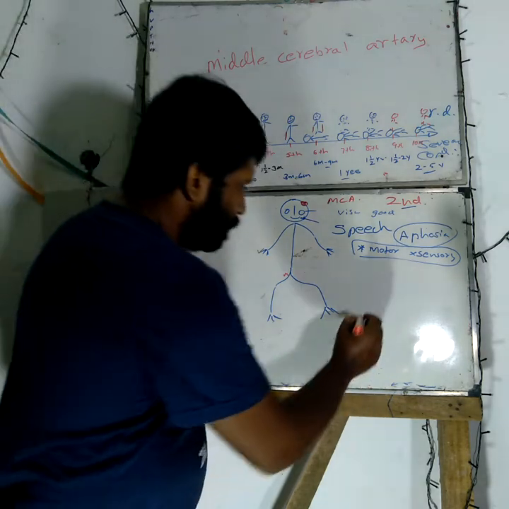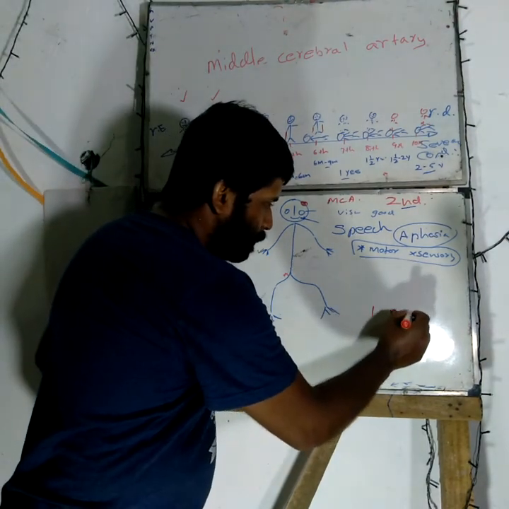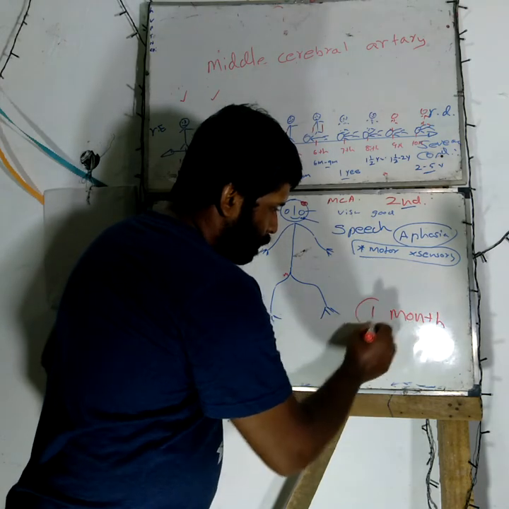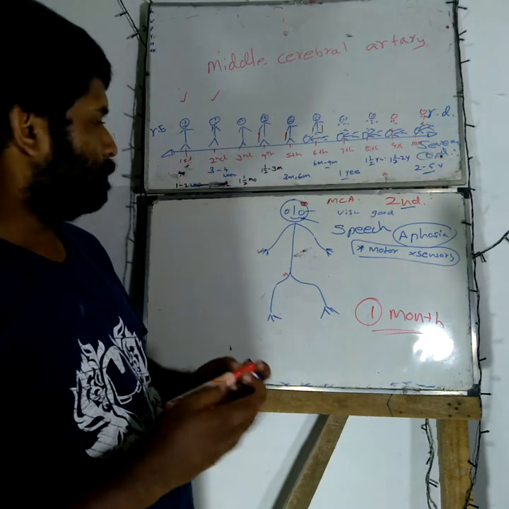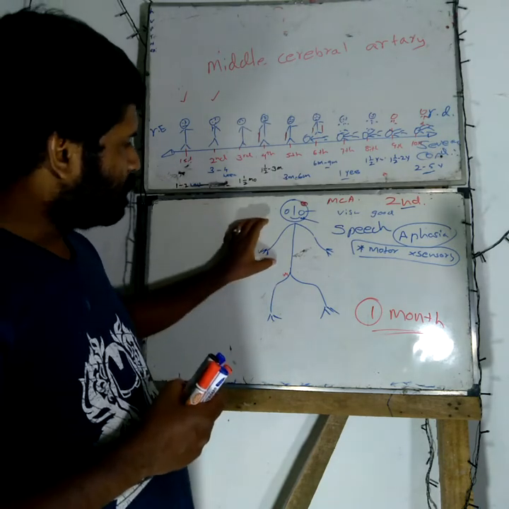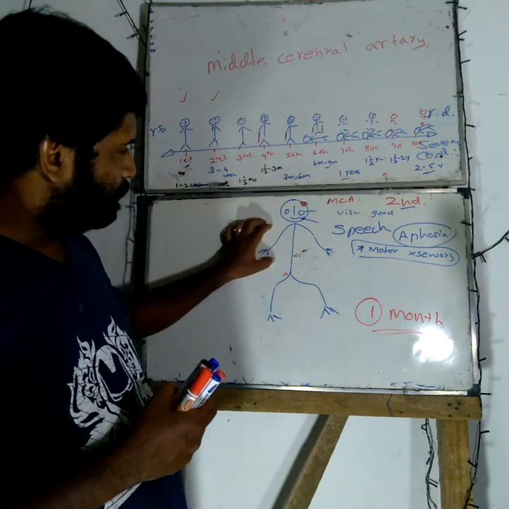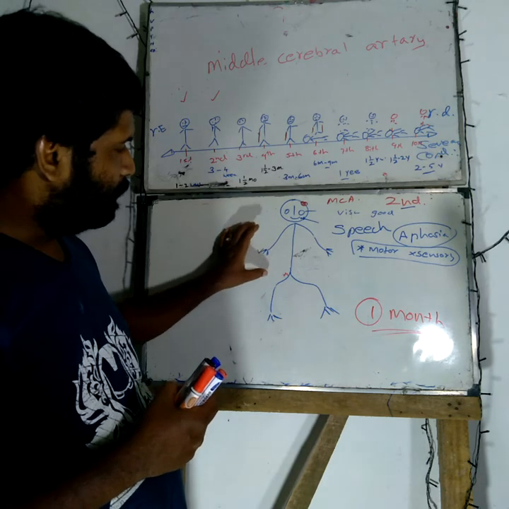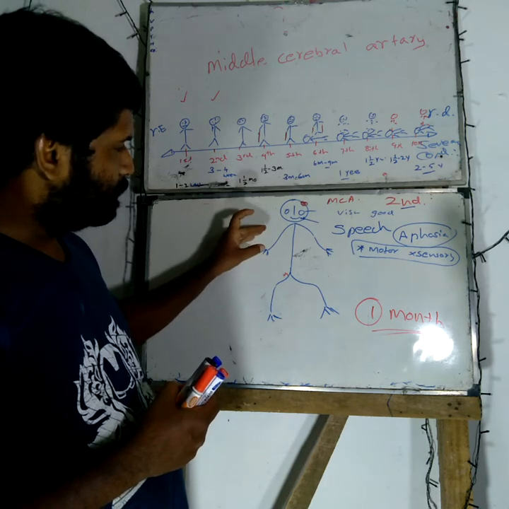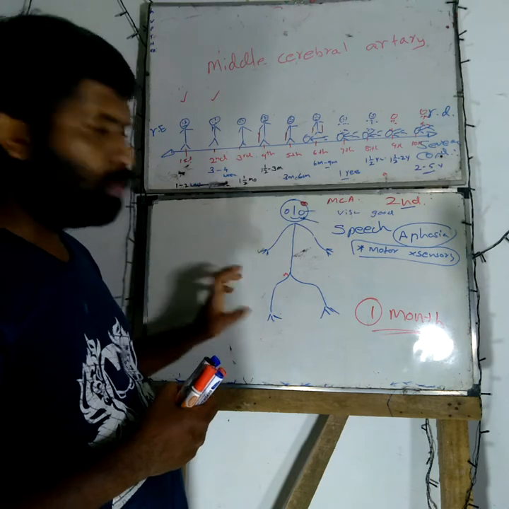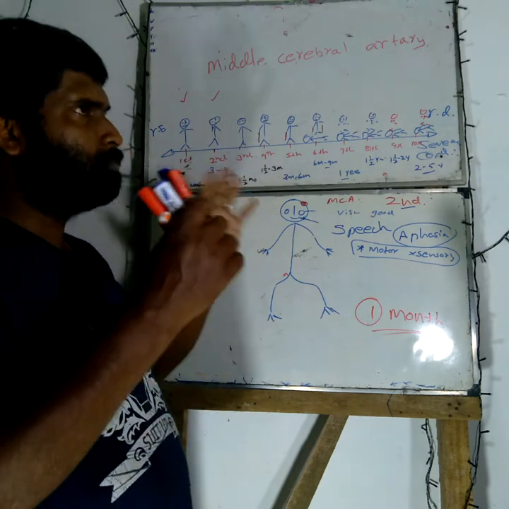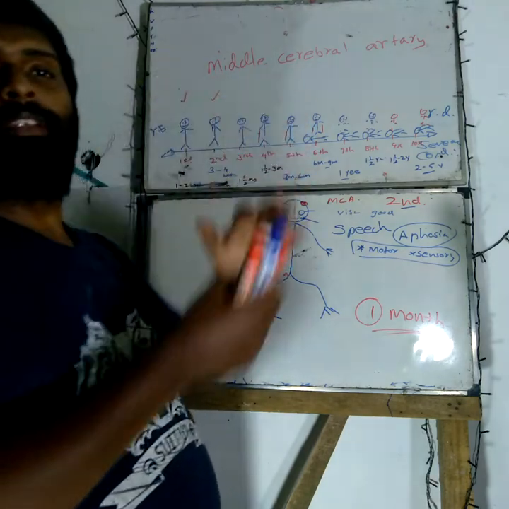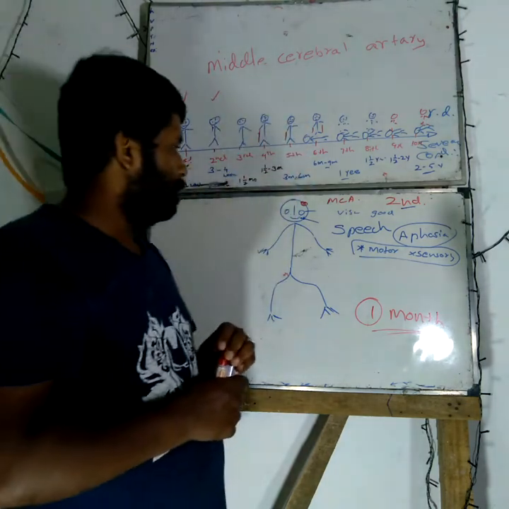After 1 month, this patient totally recovers. Some form of sensory issue can be there, in the hand or leg, but cognitive function also gains a little bit toward normal level.